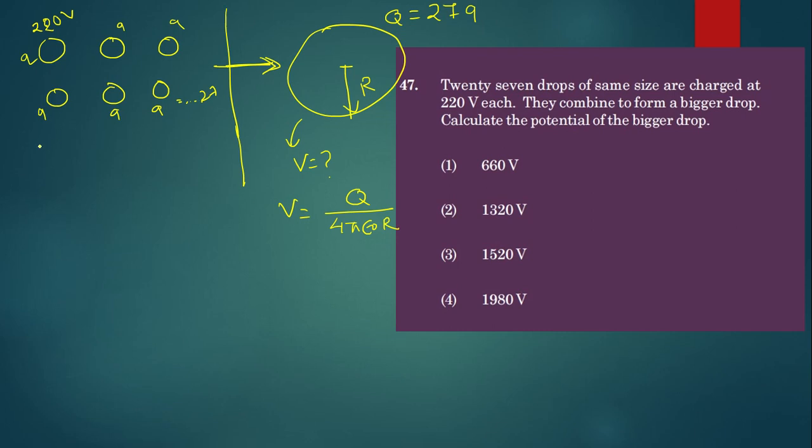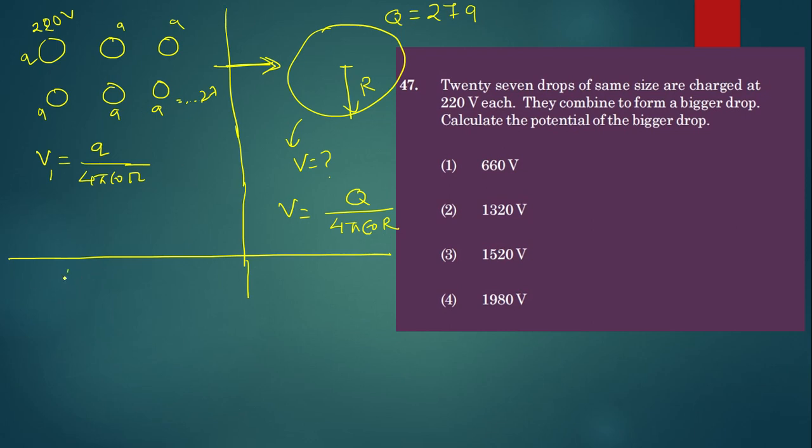In this case, what is the potential on each drop? It is equal to the charge on each drop divided by 4 pi epsilon naught r, where I consider the radius to be small r. Now, in order to solve further, we need to know the relationship between their radii. When these drops transform into a bigger one, the volume will remain constant.